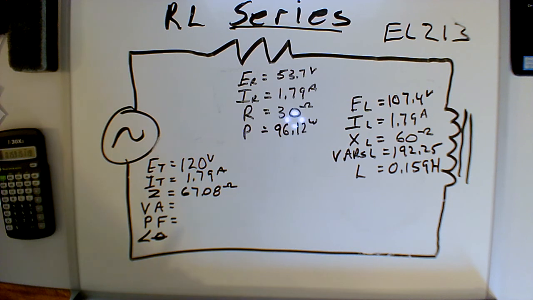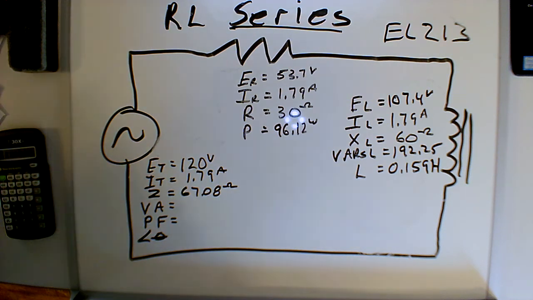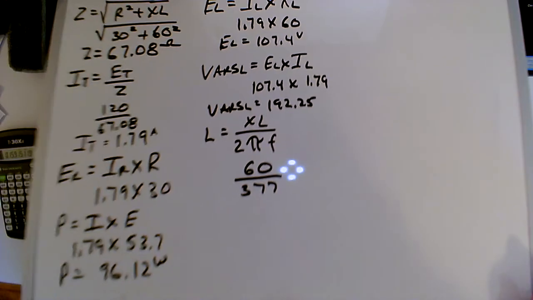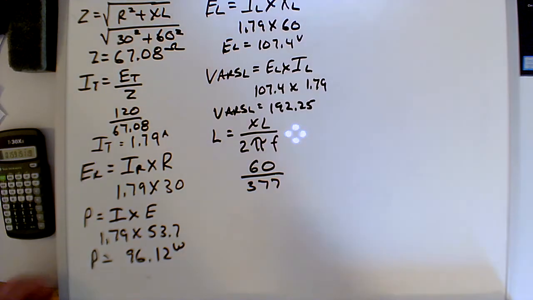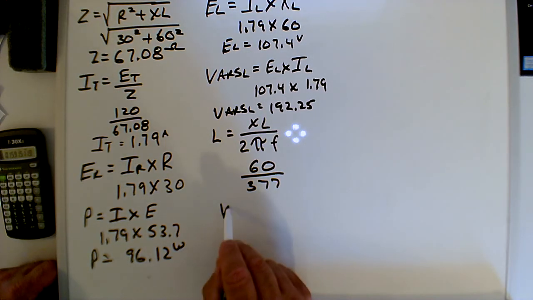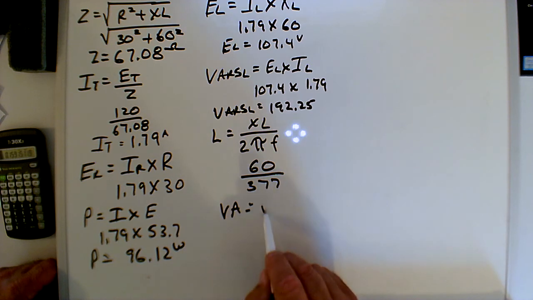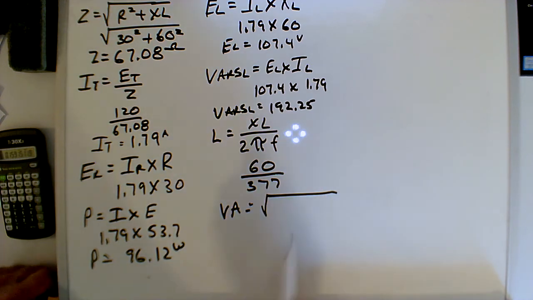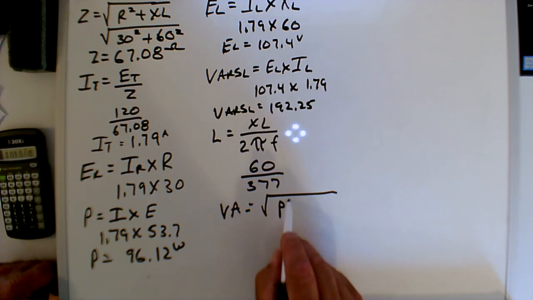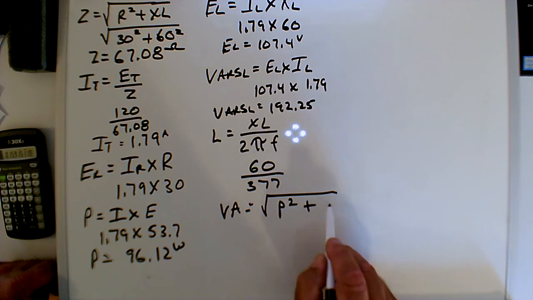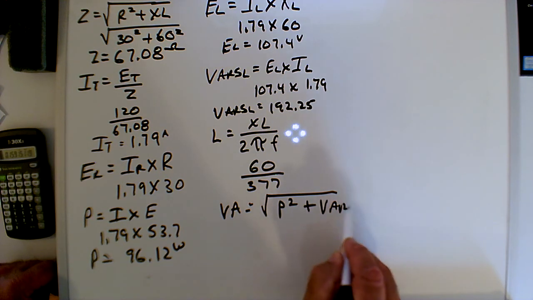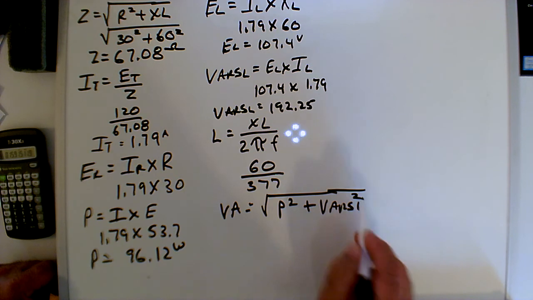We come over to this side of the problem, and I've got the VA and the power factor and angle theta to figure out. So to figure out the VA, I can use the square root formula, P squared plus VARS L squared.